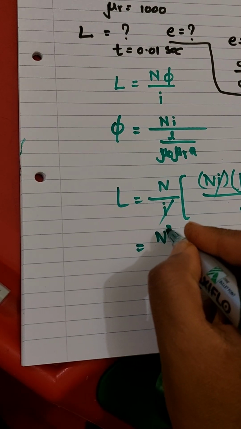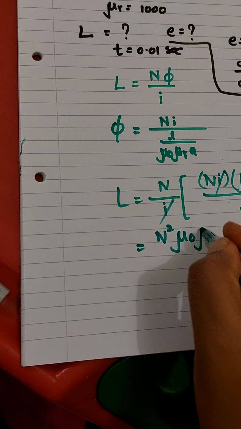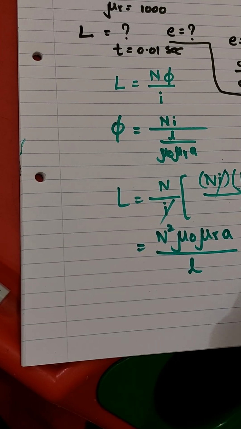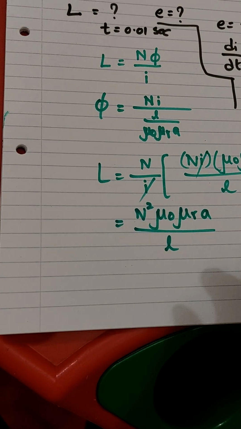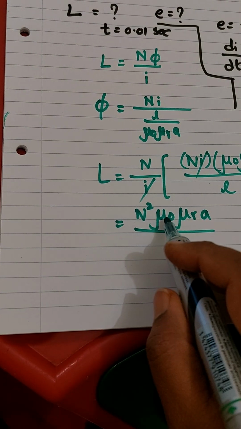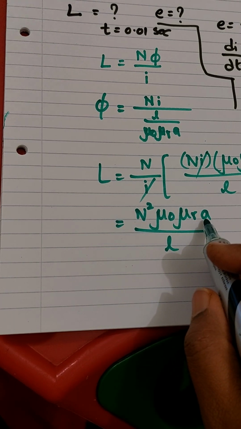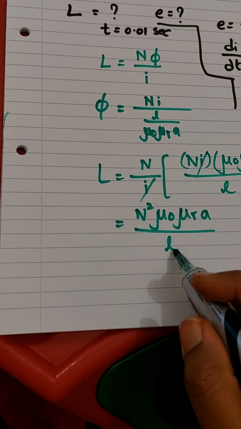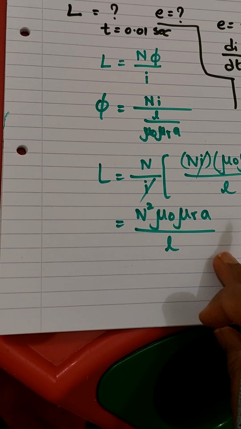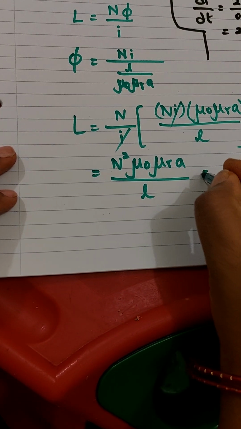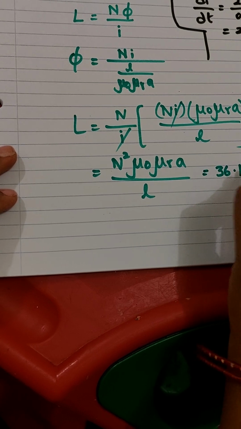So N square mu naught mu r A by length, this is the formula I have. N I know, mu naught is 4 pi into 10 power minus 7, mu r is given as 1000, A is given as 0.008 m square and length is given as 0.4, right? By substituting all this, you should get an answer of 36.1 Henry.